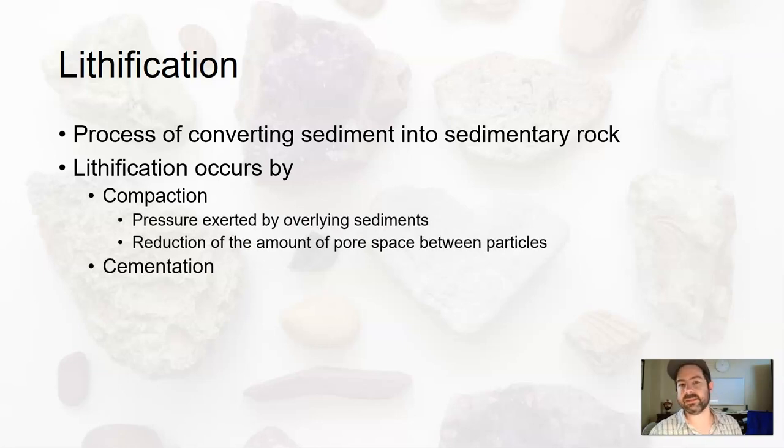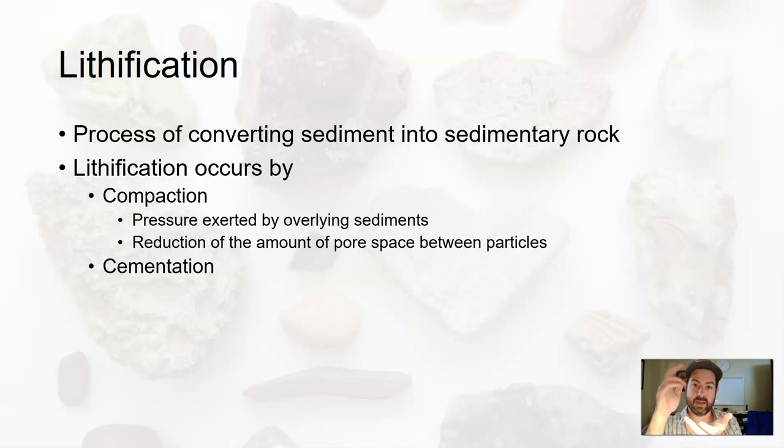The second step is cementation. So not only are we compacting the sediment, but oftentimes, sediment is loose. There's space between all of these little sand grains and pebbles and stuff. That's what sediment is. So there's space in there, and water can make its way in there. And oftentimes, water has this dissolved mineral content in solution.